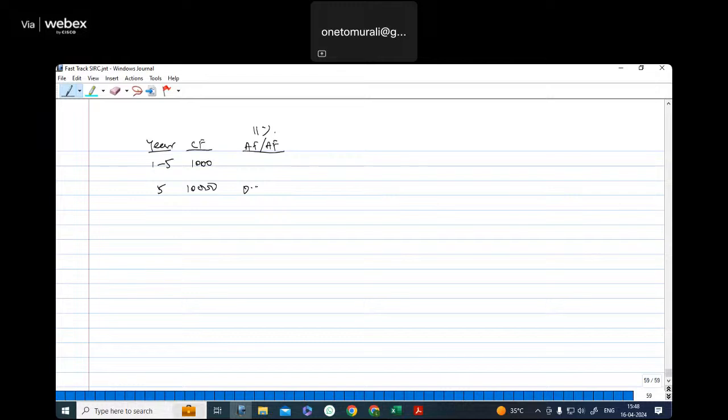0.5674 and 3.6048. Discounted cash flow 3605 and 5674. So it is 9279.